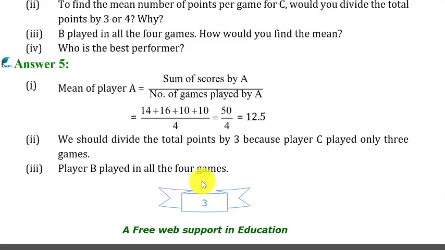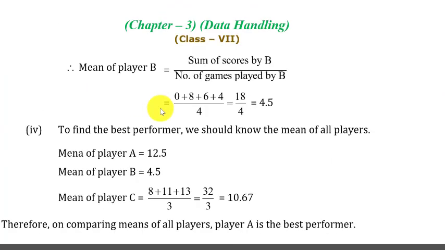Next, the fourth question: who is the best performer? For this answer, we have to find the mean of A, B and C, then we can say who is the best performer. So to find the best performer, we should know the mean of all players.